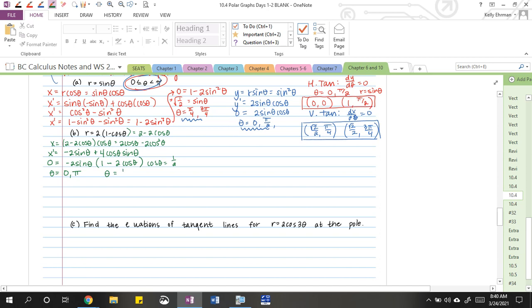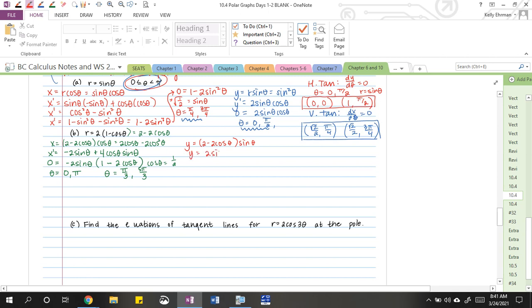So that happens at pi over 3, and it's positive 1/2, right? So you need the quadrant for pi over 3 angle, which is 5 pi over 3. That's everywhere that x prime is equal to 0. I'm not figuring out horizontal and vertical tangents yet. Now I need to go do y. So y is equal to r times sine theta.